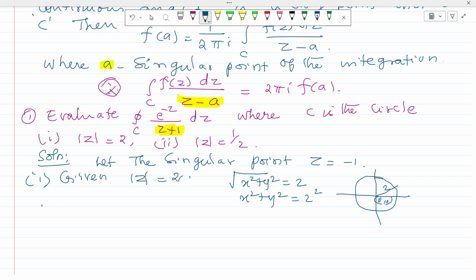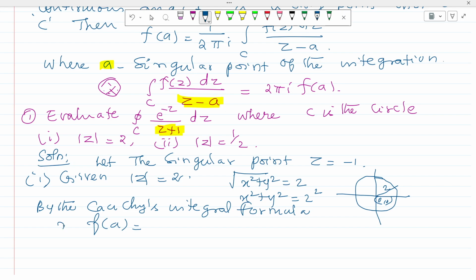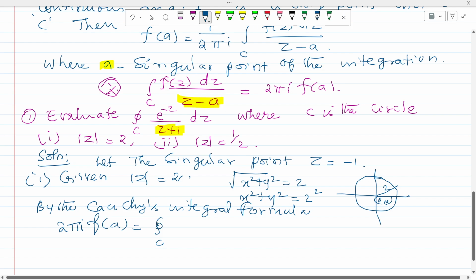By the Cauchy integral formula, write down Cauchy's integral formula: 2 pi i into f of a equals the integral over closed curve C of f of z dz divided by z minus a.